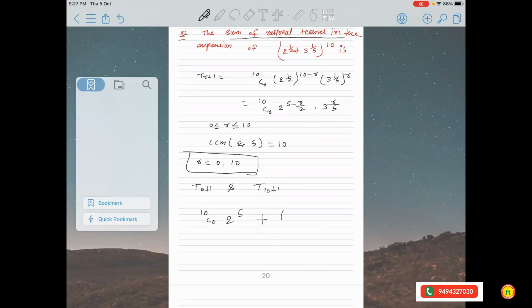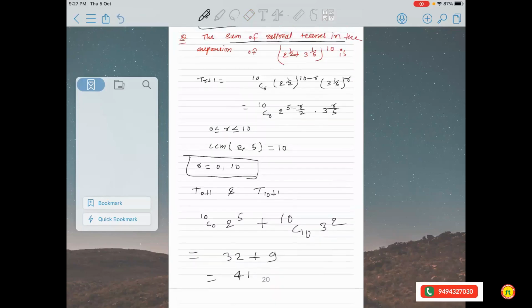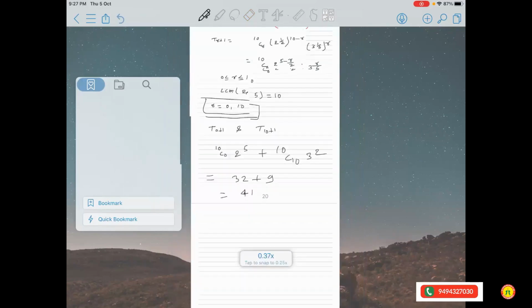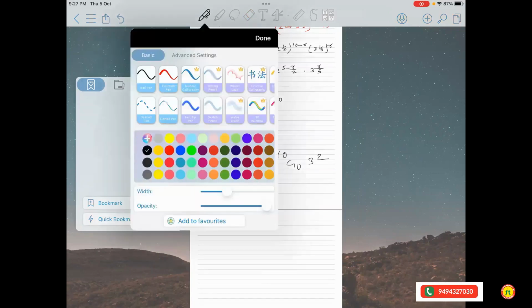And for r equal to 10, it means 3 power 2, right? So the answer is 32 plus 9, so 41 is the answer. Got it? Aditi, did you understand? This is the answer for this question.